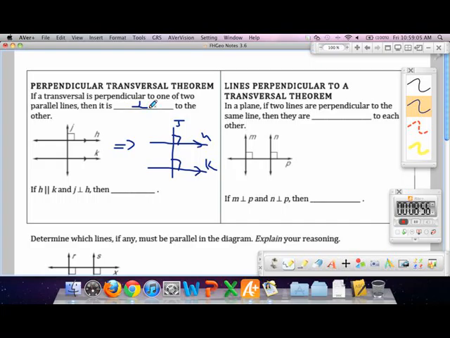Corresponding, thank you. Corresponding angles. So if parallel lines, then F patterns are congruent. So if parallel lines, then corresponding angles must be congruent. And if that's 90, then that's 90. And if this is 90, then J and K must be perpendicular. So if H is parallel to K and J is perpendicular to H, then J is perpendicular to K.